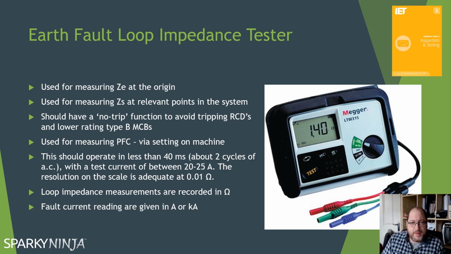What you will need to bear in mind, though, is if you are measuring an earth fault loop impedance such as Ze, where you have removed your parallel by removing the main earthing conductor that you have to test on, you can't then just press the button and obtain a prospective fault current at the origin, because you have to have all of the potential parallels of the bonding and the metal framework and everything as well in circuit.